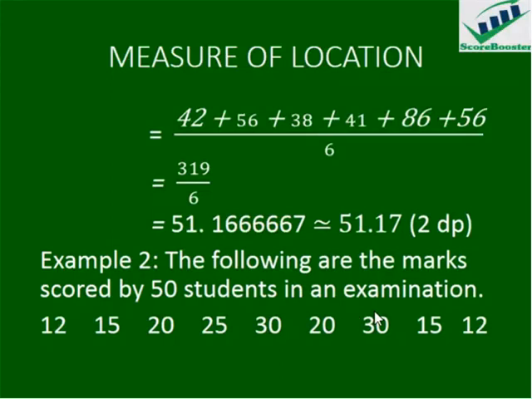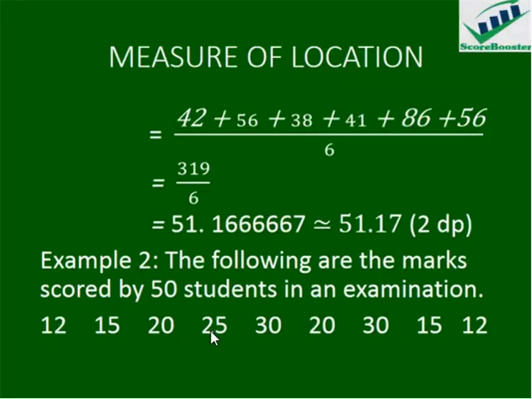So we first look for the numbers that are in those scores. There are some numbers that will repeat themselves. So we look for the main numbers, and then we count the frequency, that is, the number of times they occur. So here we can see 12, we can see 15, we can see 20, we can see 25, we can see 30. 20 is repeating itself here, 30 is also repeating itself, 15, we already see it, 12.